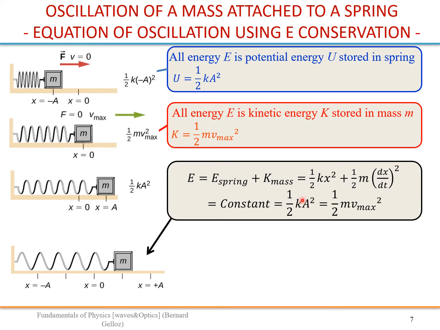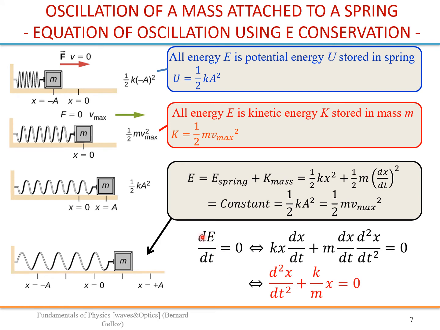Not really, especially if you do not know this, because at first you just have half kx squared plus half mv squared equal constant, and you don't know Vmax, you don't know A, so it's not very useful. So what we do when we have a constant, we can take the derivative, because the derivative of a constant will be 0, and this will simplify the equation.